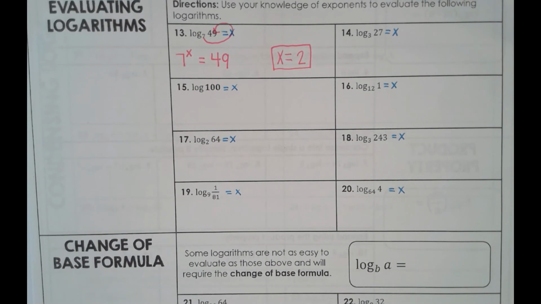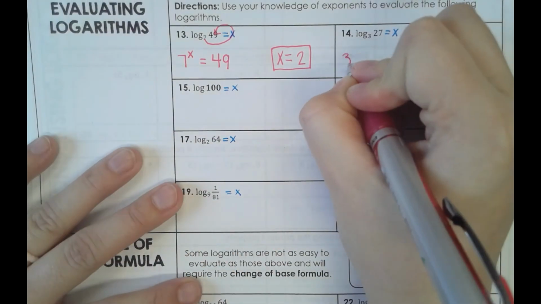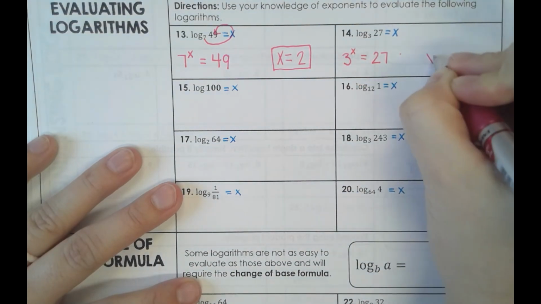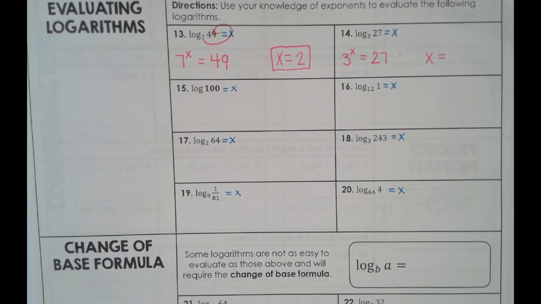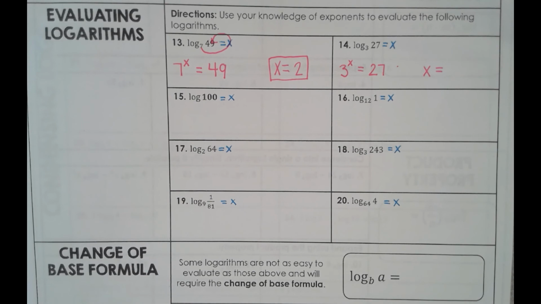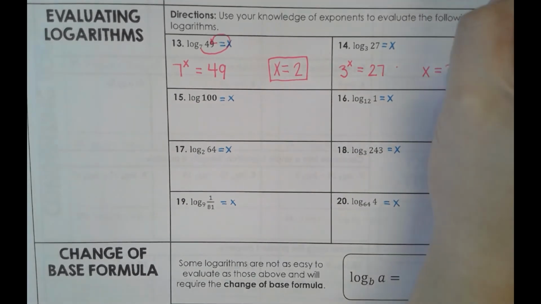Okay. So then number 14, we would write 3 to the x power equals 27. What is x? The third. 3. So 3 to the third power is 27. Good.